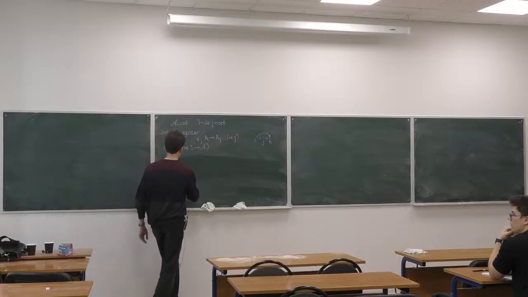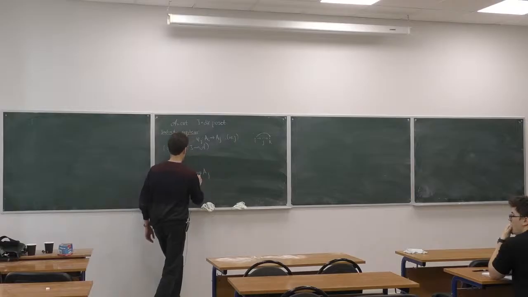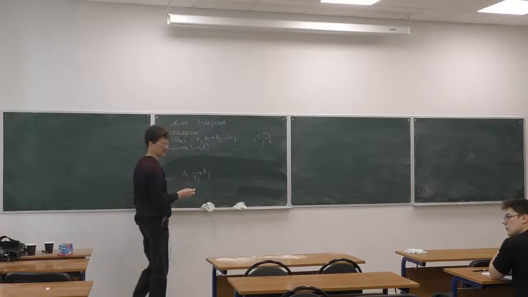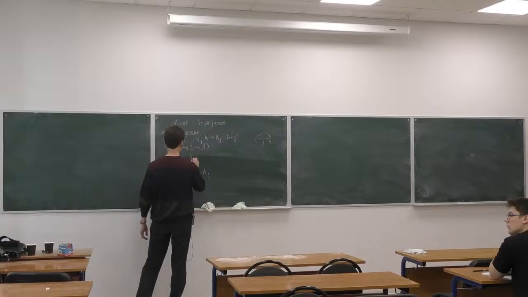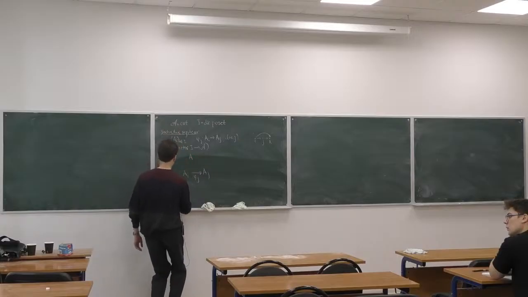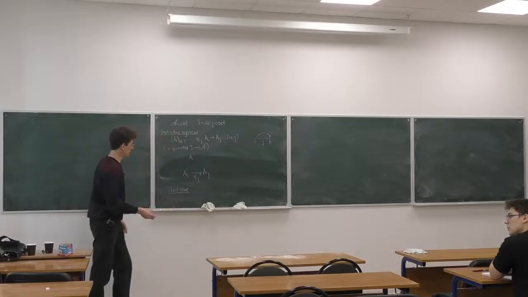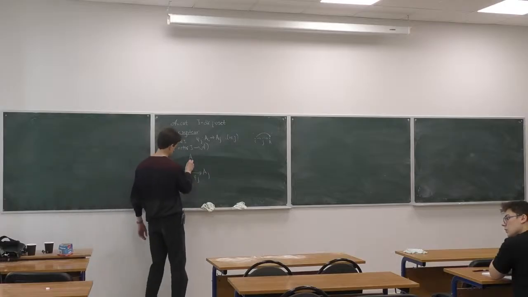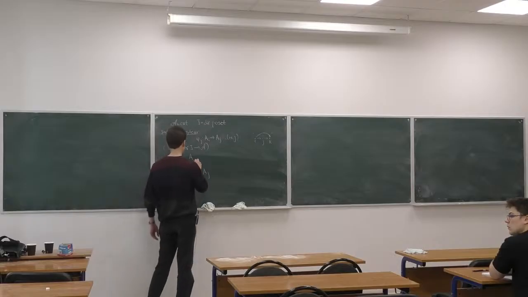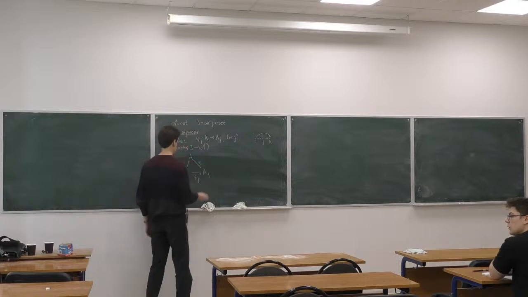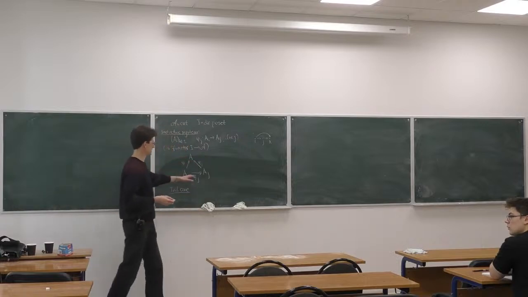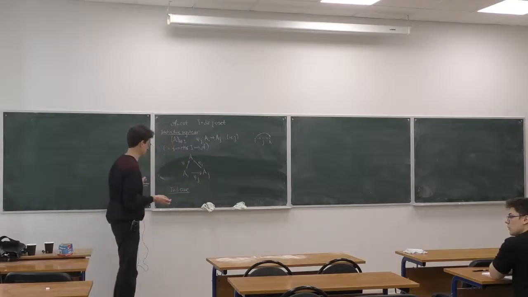Now if we have an inductive system in our category, then we define an inductive cone over our system to be an object A of the same category together with a family of morphisms phi i from A i to A, such that whenever i is less than or equal to j, this diagram commutes.